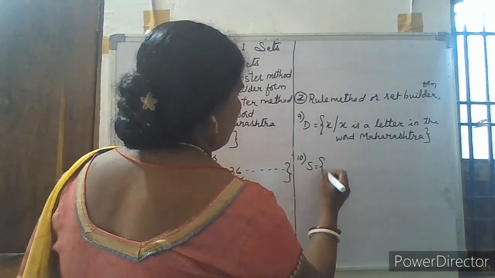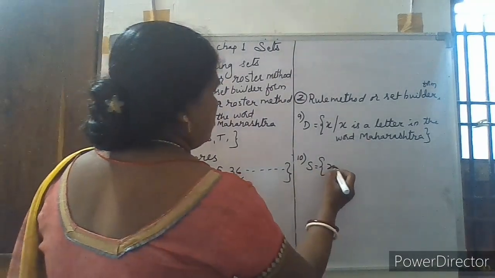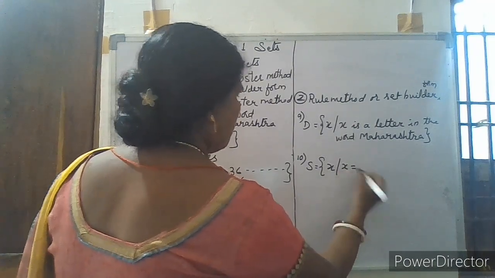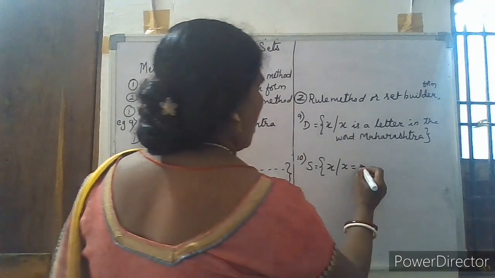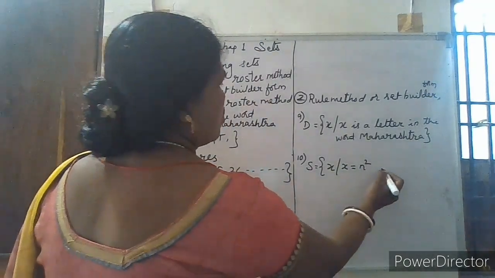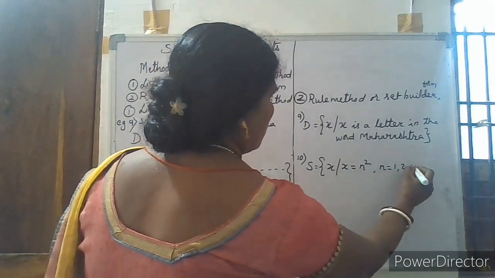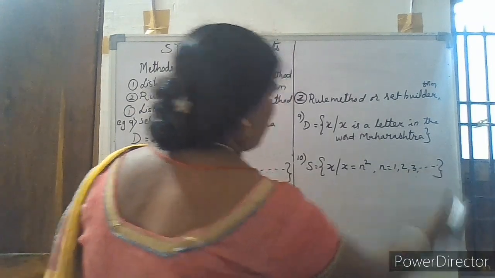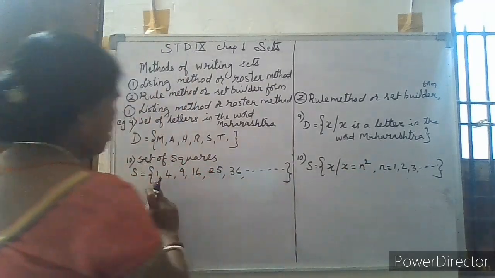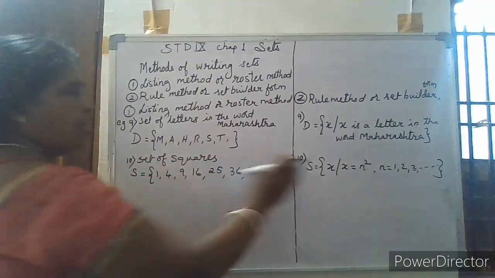So here again the same way, S is equal to x is an element such that x is equal to n square, where n is equal to 1, 2, 3 and so on. 1 square is 1 only, 2 square is 4, 3 square is 9 and so on.